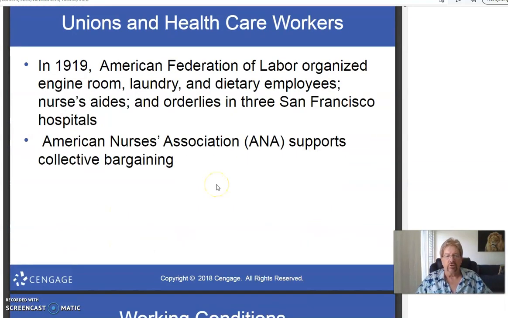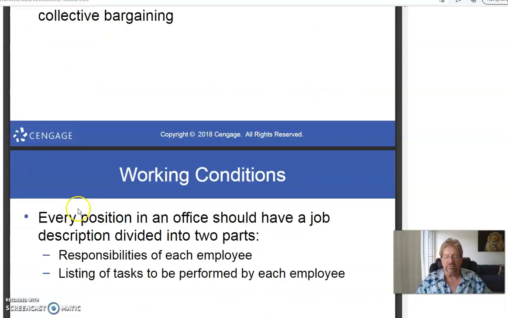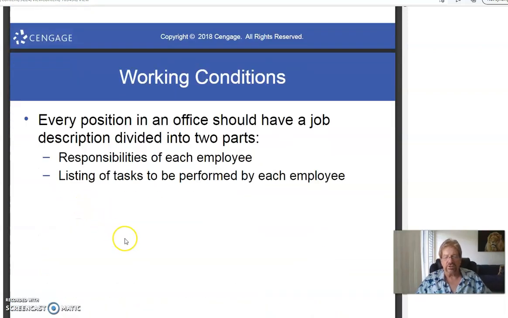Unions and healthcare workers. In 1919, the American Federation of Labor organized engine room, laundry, and dietary employees, nurses, aides, and others in 3 San Francisco hospitals. The American Nurses Association supports collective bargaining. I'm a liberal, so of course I'm an advocate of unions myself. Working conditions, but it depends. Especially years ago, they had some problems.